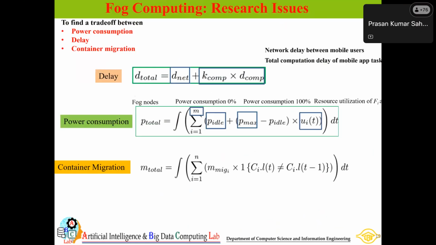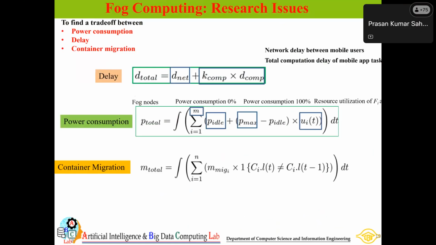For example, for power consumption we may design a model, and we can design a delay model: the network delay between the mobile user and the IoT gateway, or the network delay among different mobile users. And we can also calculate the total computation delay of the mobile application task.